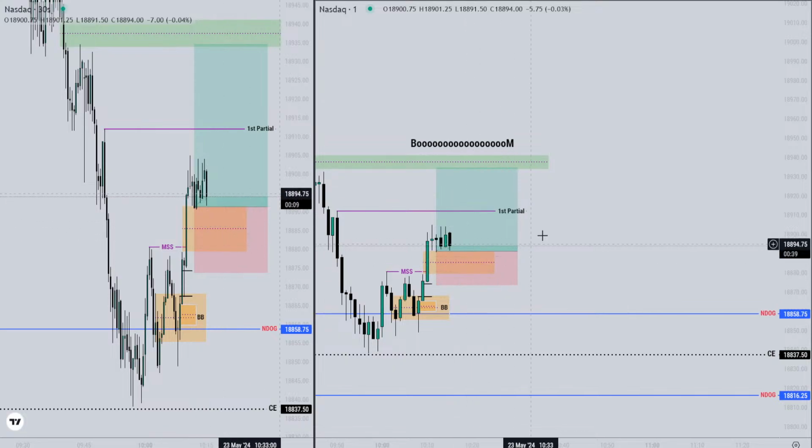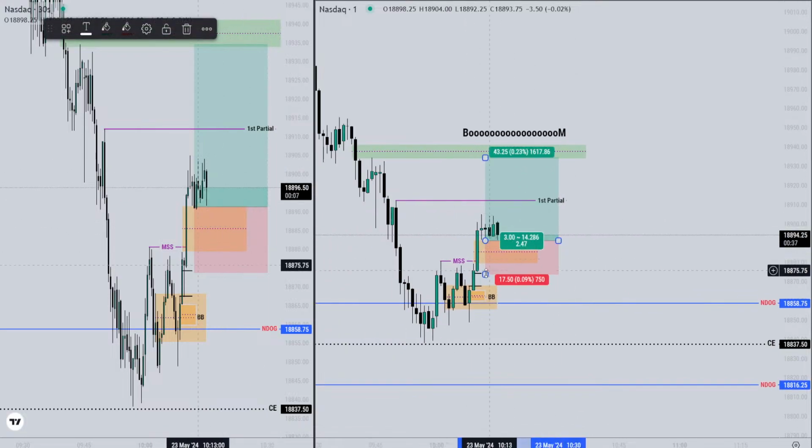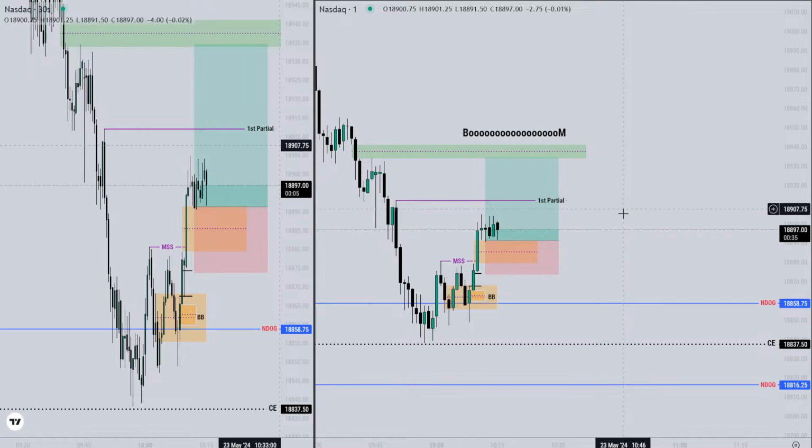But if it hits my stop loss, I'll be happy with that, with a small stop loss. I mean 79 is okay.